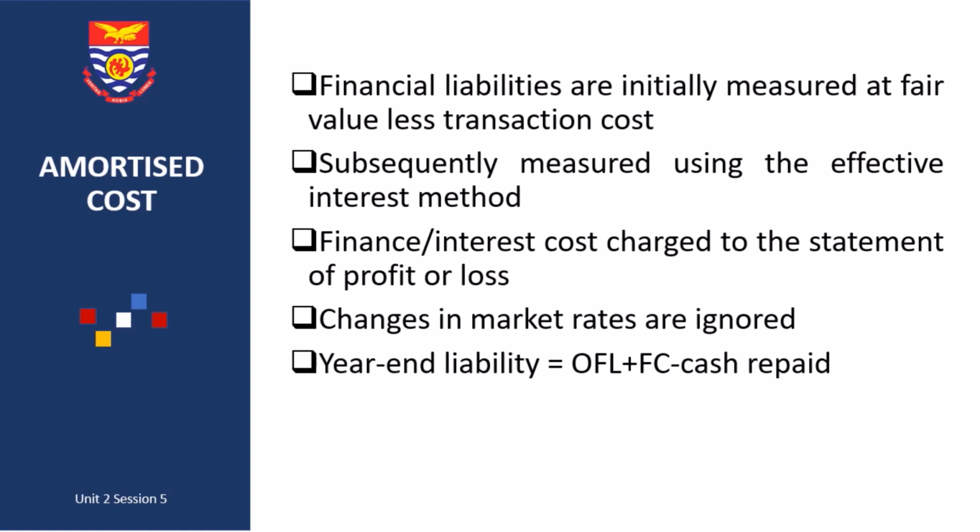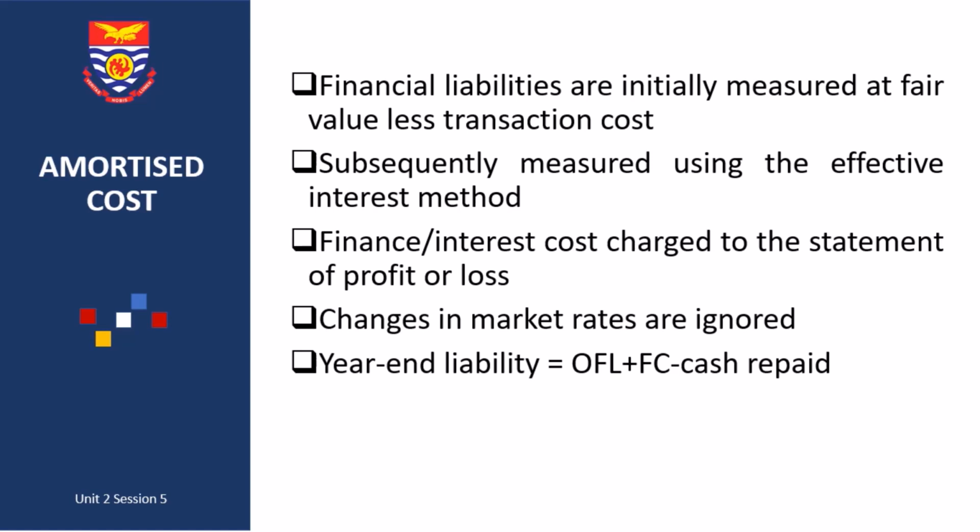Now, financial liabilities are initially measured at fair value less transaction cost. Subsequently, they are measured using the effective interest method, and any finance or interest cost is charged to the statement of profit or loss, and changes in market rate are ignored because we are using the amortized cost.